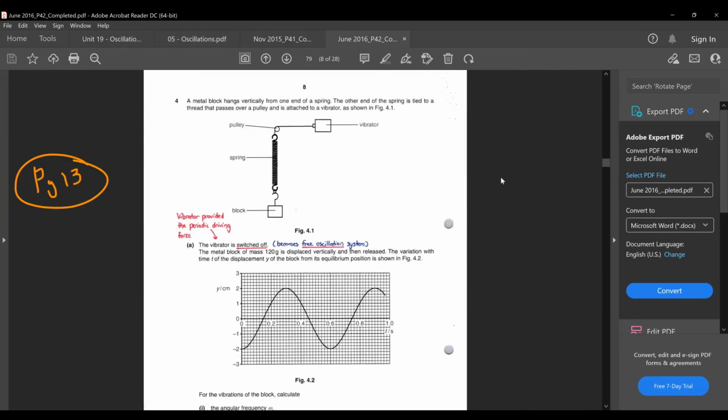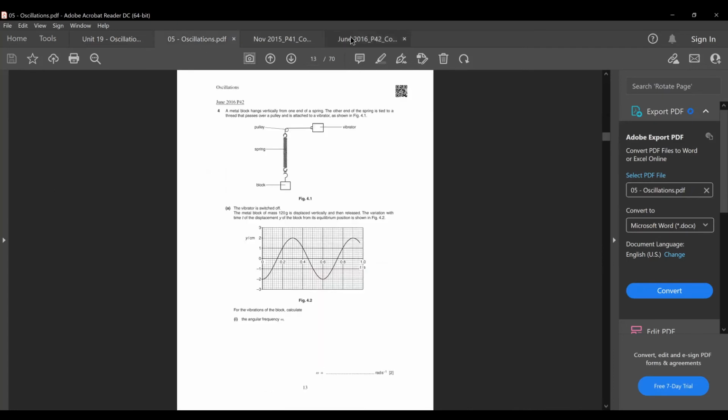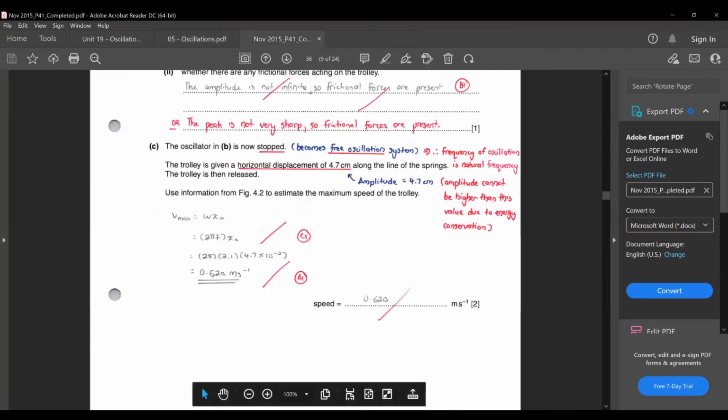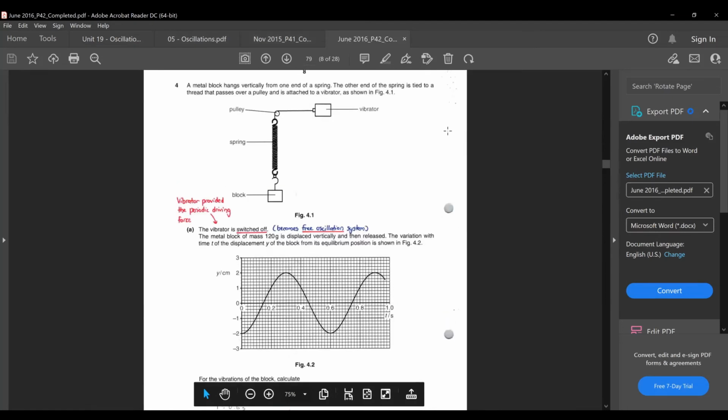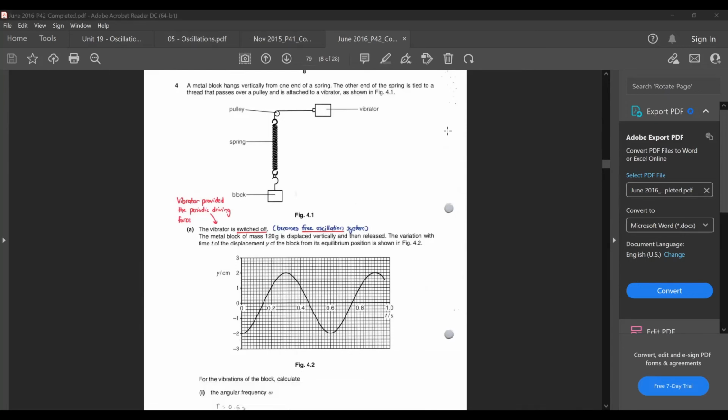Right, so in your question here, wait, sorry, my screen share suddenly went haywire. Okay, now I think you guys can see it. Now for this particular question, a metal block hangs vertically from one end of a spring.